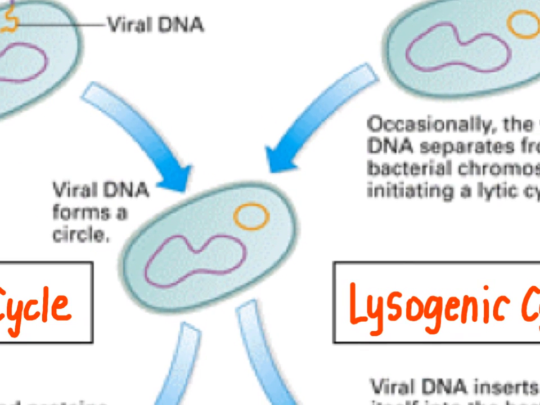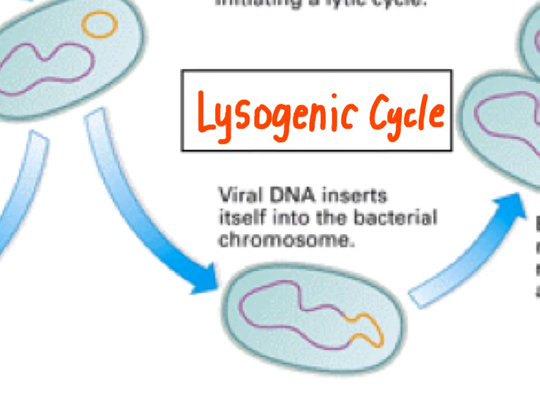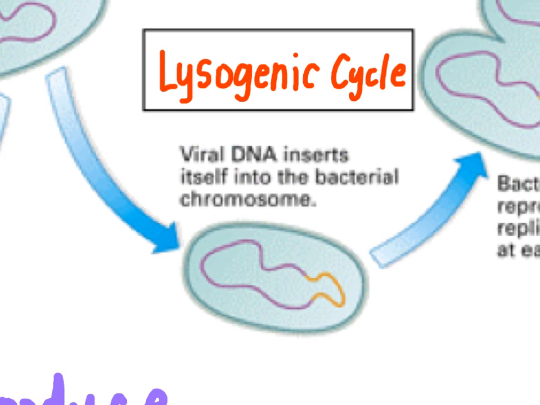And then the viral DNA is going to attach itself to the bacterial DNA. Whatever kind of cell it is has its own DNA, and the virus will attach its DNA to that DNA. And so it sort of fools the cell into thinking that the virus's DNA is part of that cell.